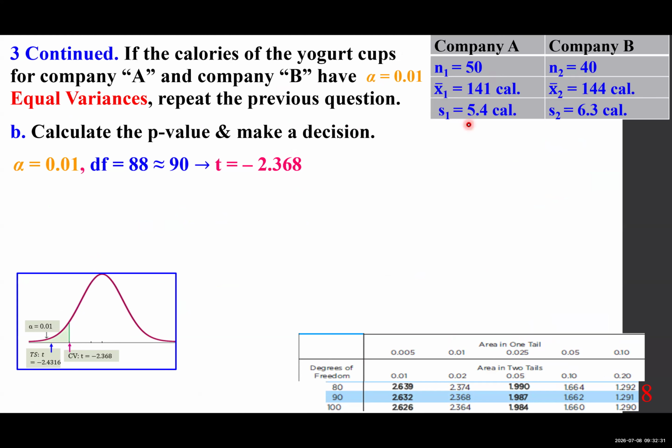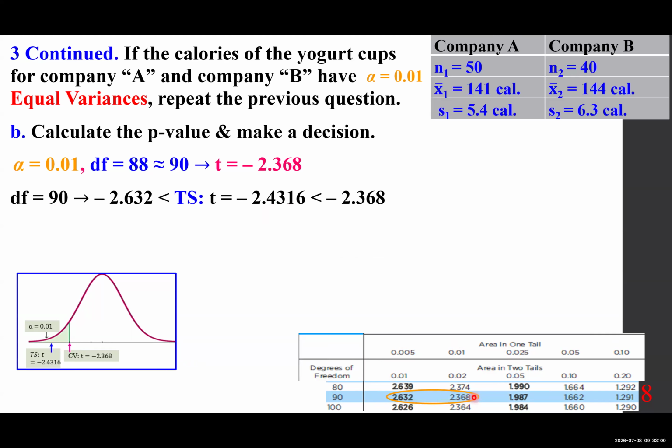And now we will look for this number, negative 2.4316. Here's area in one tail, here's area in two tails. We want area in one tail. And we look for 88, which doesn't exist. We go to the closer one, which is number 90. So degrees of freedom is 90, okay? And the test statistic, negative 2.4316, is between these two numbers.